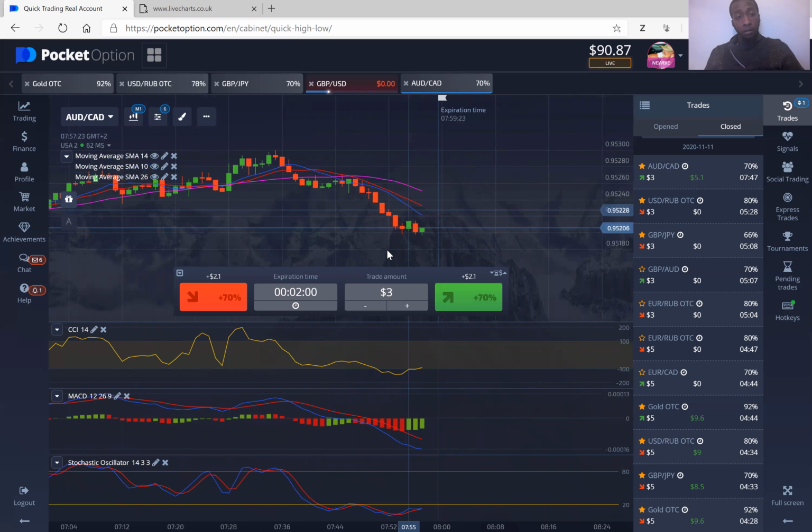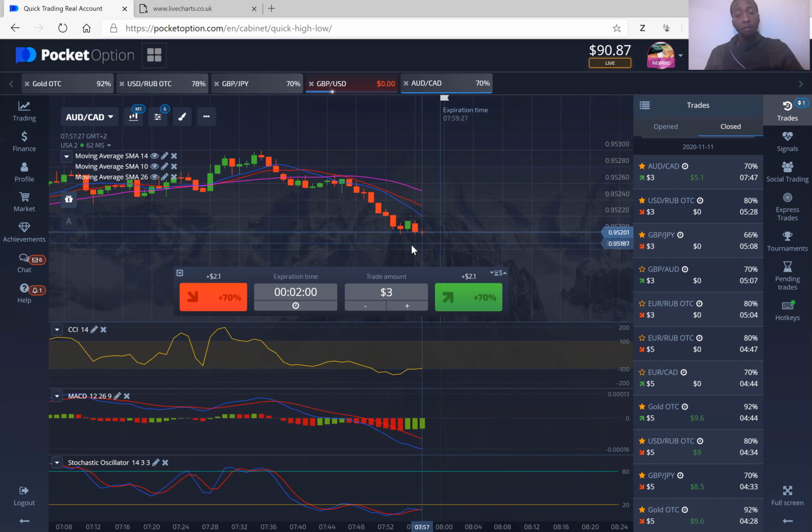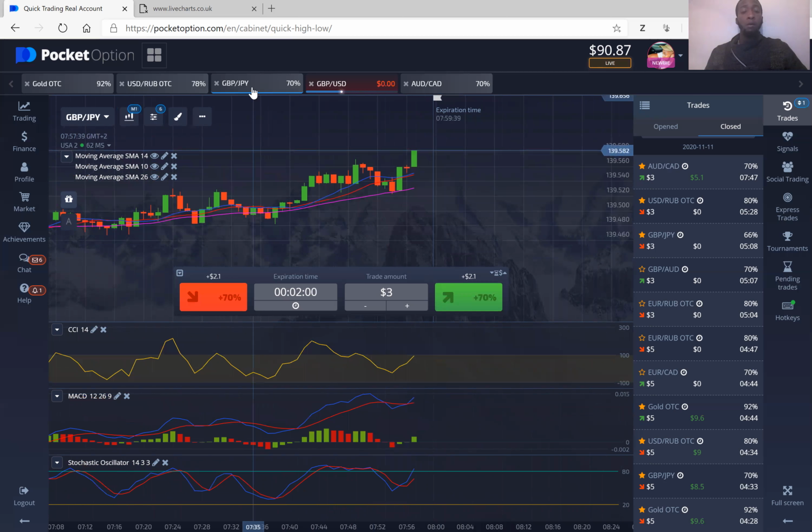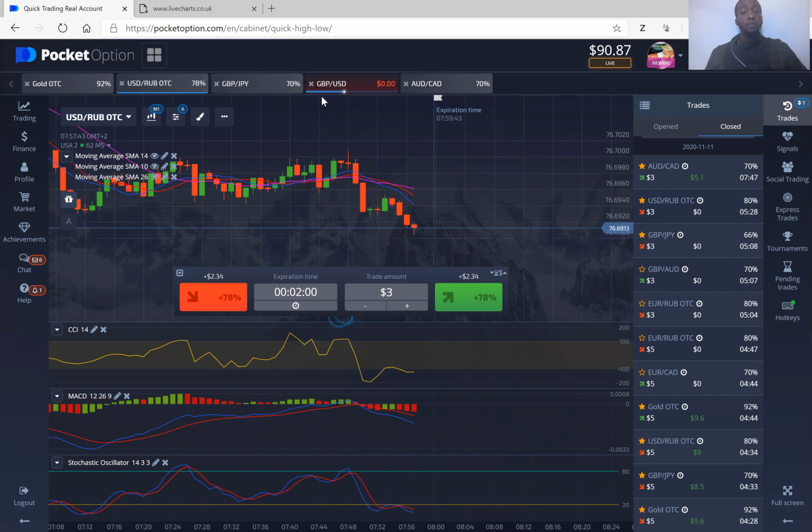So right here it looks like we're setting up for a buy on AUD CAD. We already got the cross, but I don't know. We got too much momentum on this MACD for me. I'm really not feeling that.